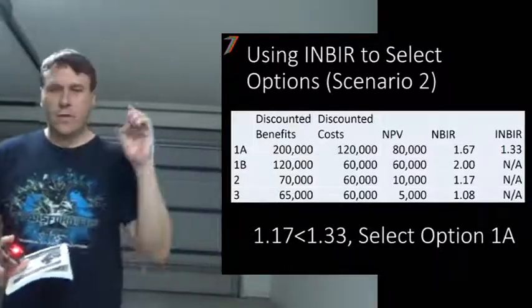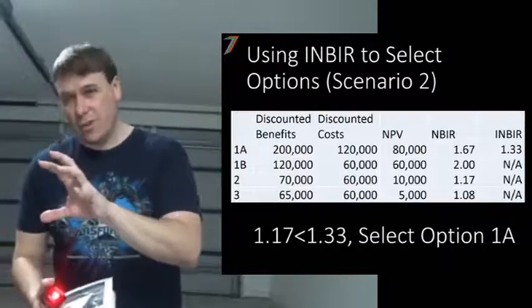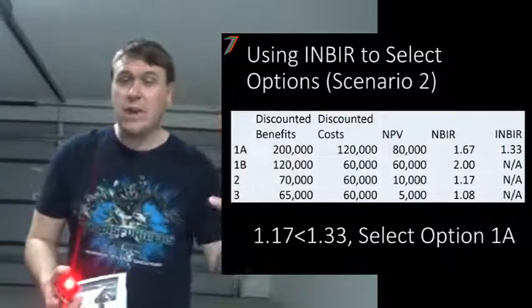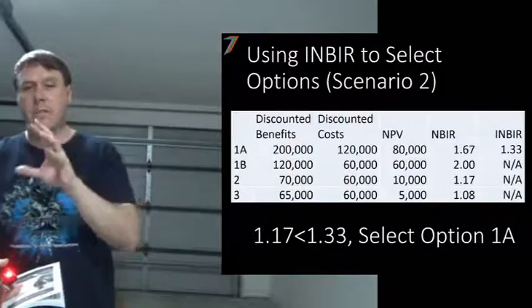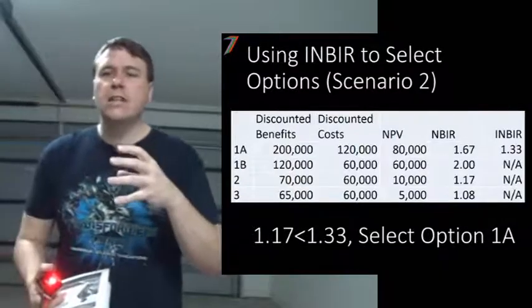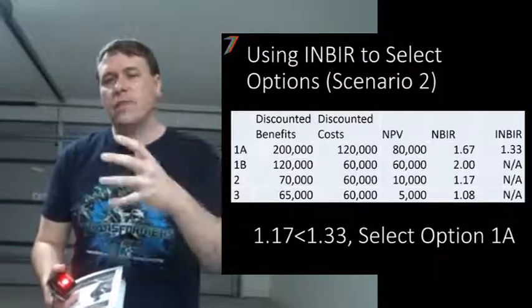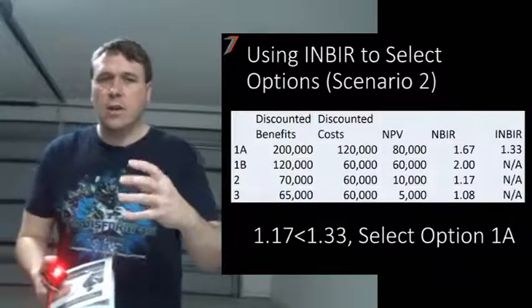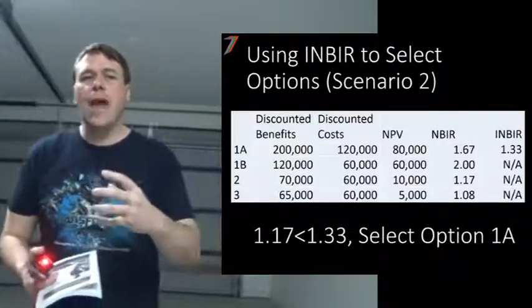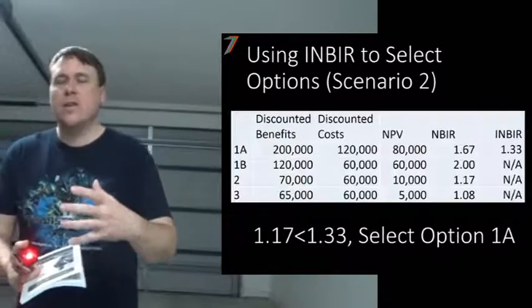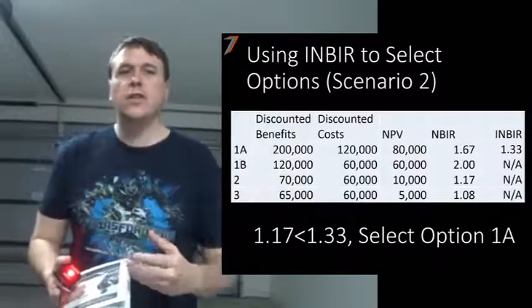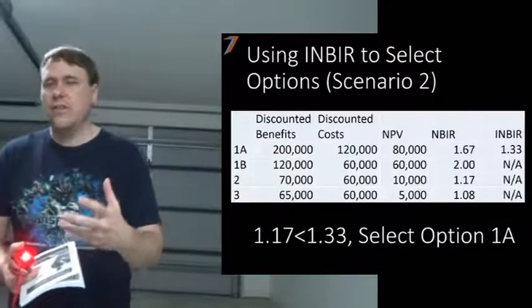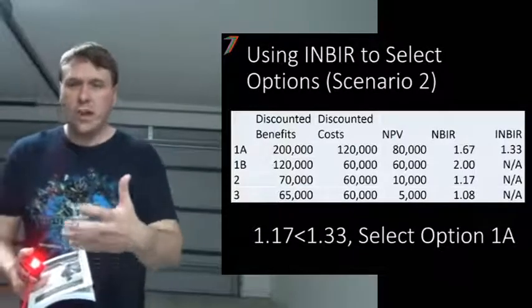So rather than going from net present value to then benefit cost ratio, or even net present value to net benefit investment ratio, I'm saying keep it in terms of just using your net benefit investment ratio and also your incremental. We start with your incremental, you're comparing options, and then you compare it with the projects you're going to be competing with within the program, assuming that the program doesn't have sufficient funds to fund all the projects.